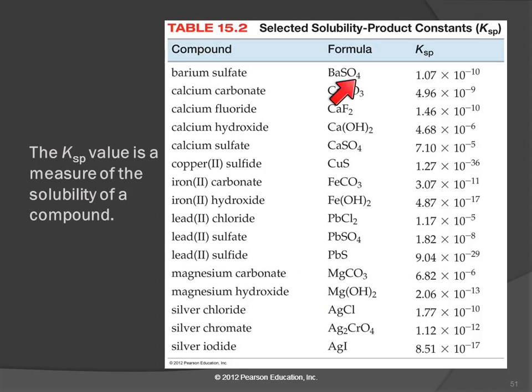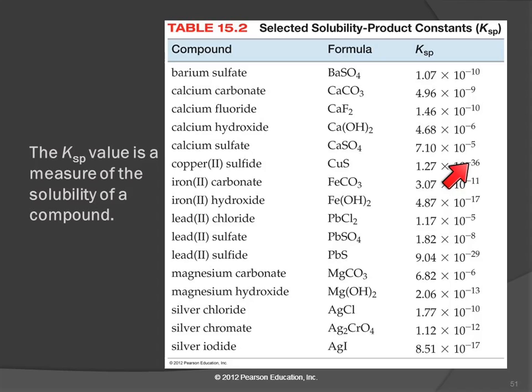And so we can look at these, and for something like barium sulfate, the KSP is 1 times 10 to the minus 10. The KSP is the concentrations of the ions. So if KSP is very small, that means there are very few ions that form, which means it doesn't dissolve much at all. And look at this guy, copper 2 sulfide, 10 to the minus 36.